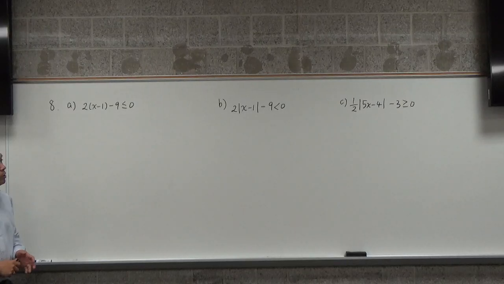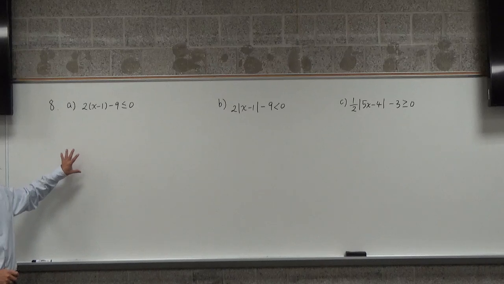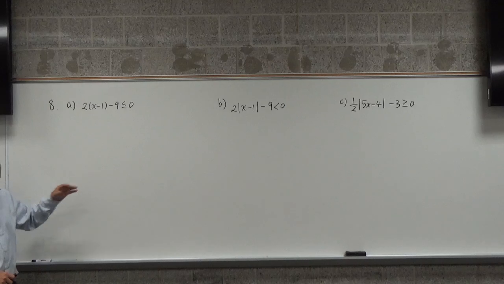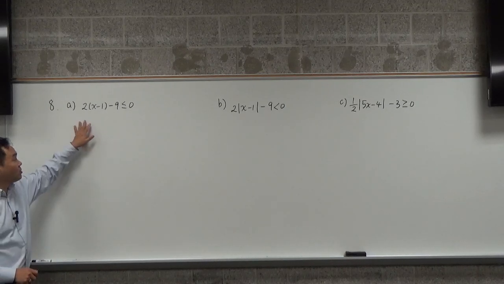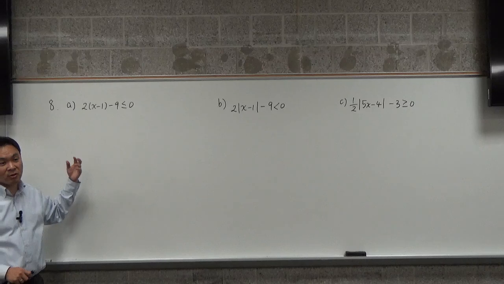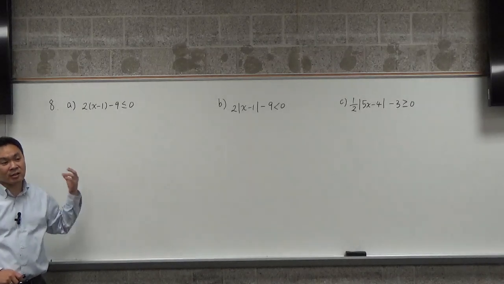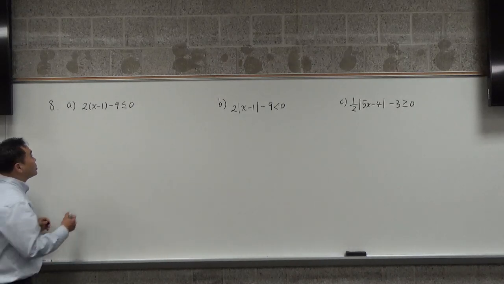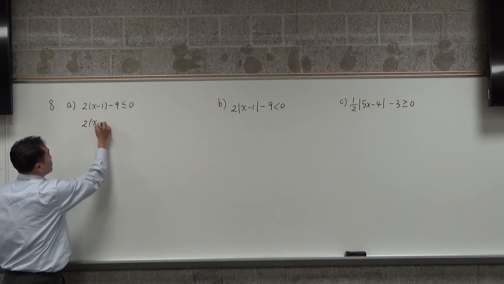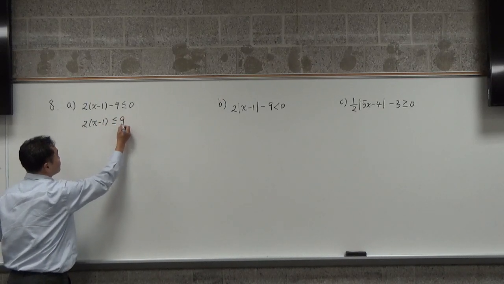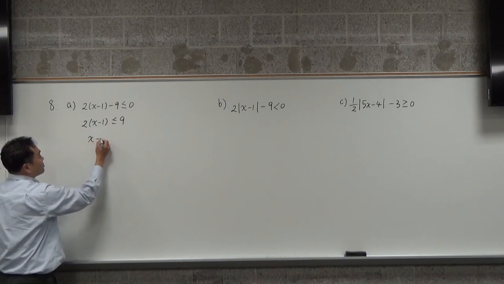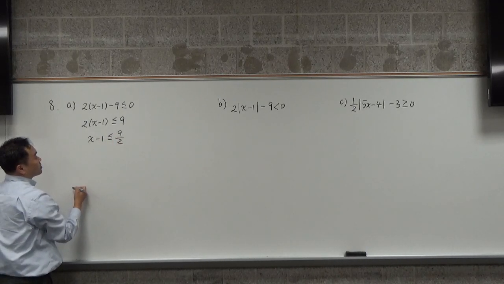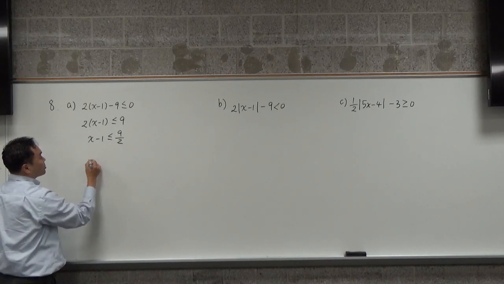The question says to solve these and write the answer in interval notation and also graph it on the number line. So after we finish solving it, we have to figure out what it looks like on the number line, and using that, we have to write down the interval notation. Okay, first, add 9 to both sides, divide by 2, and then you can add 1, right?